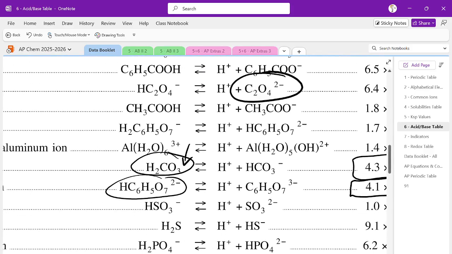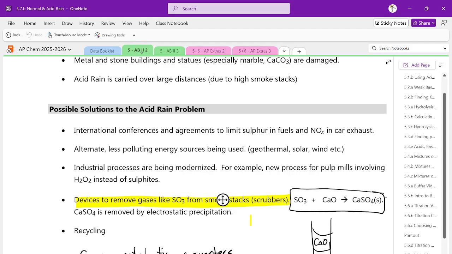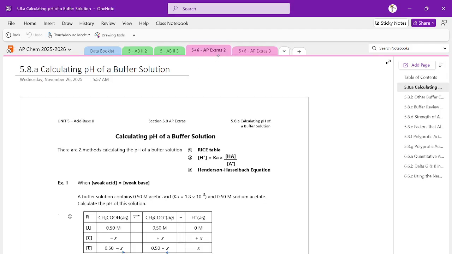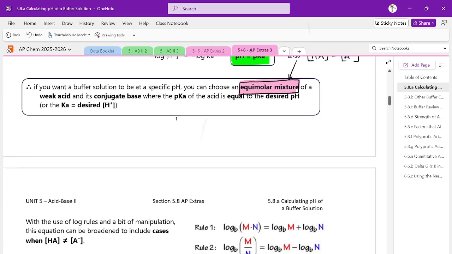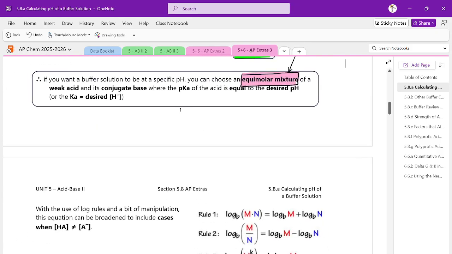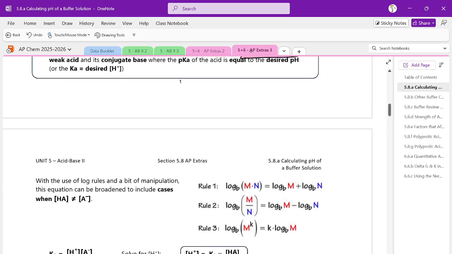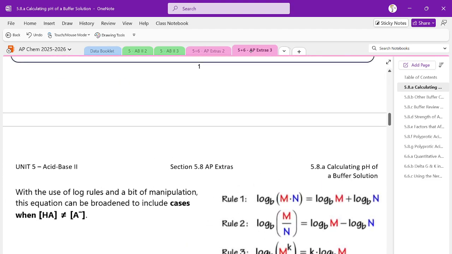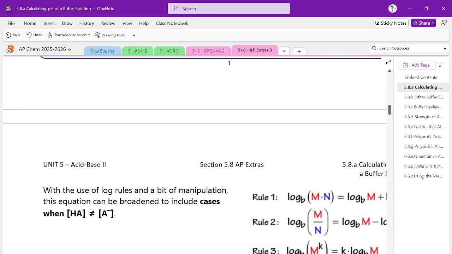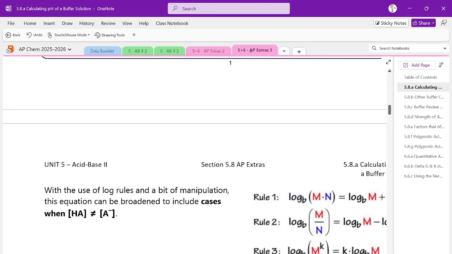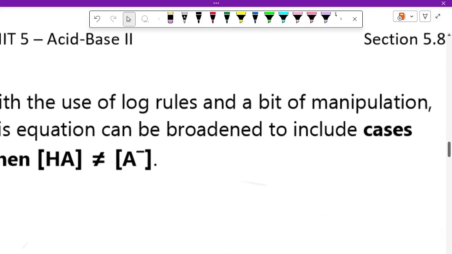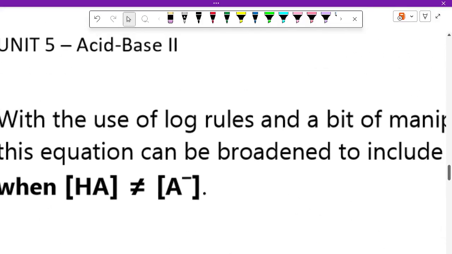Okay. Now, if we want to use some log rules, we can broaden this equation for cases where HA does not equal A minus, where they aren't exactly the same so you can just cancel them out.